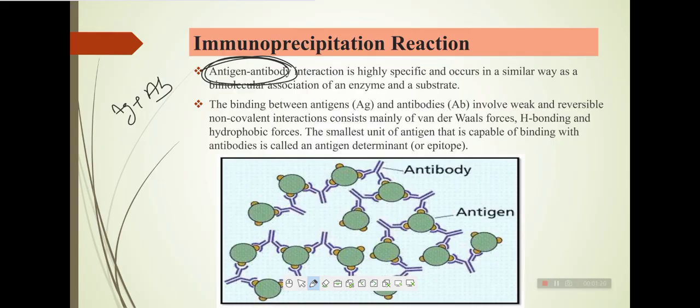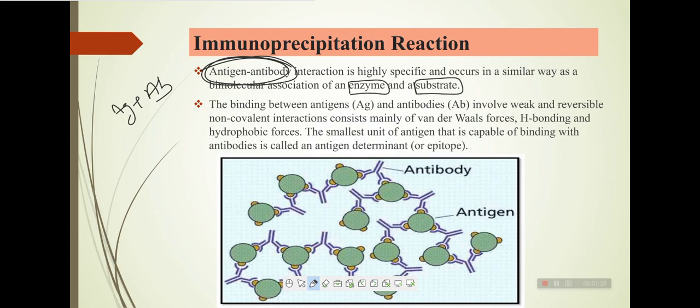Okay, so immunoprecipitation reaction is a highly specific interaction that occurs between the antigen and antibody. You already know about enzyme and substrate reaction.